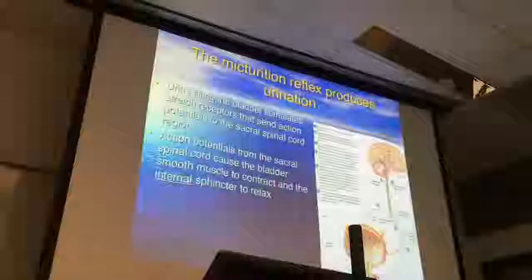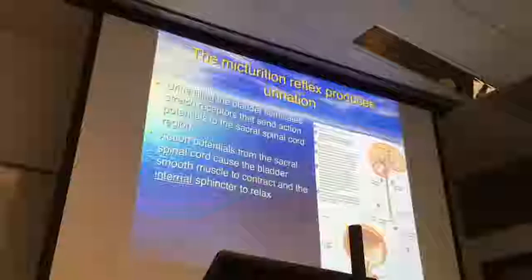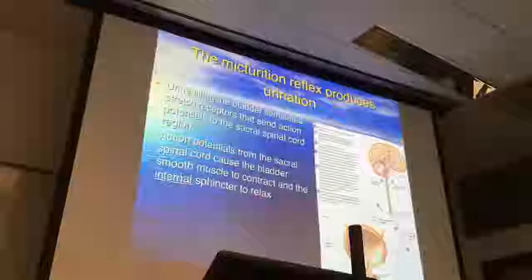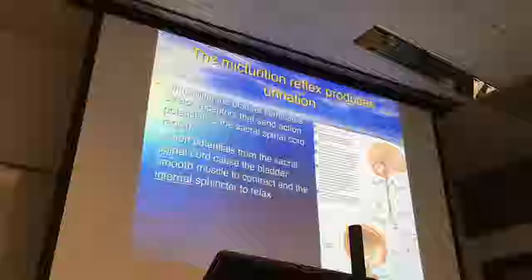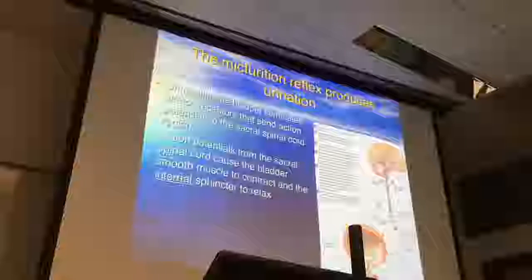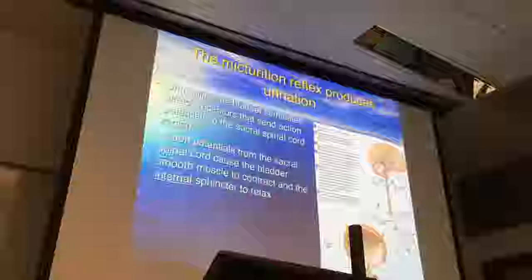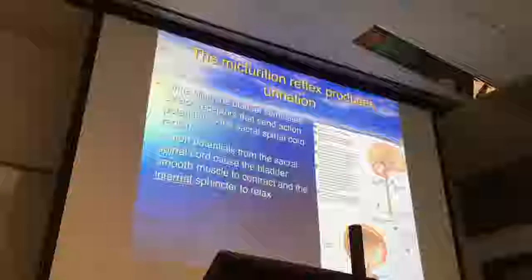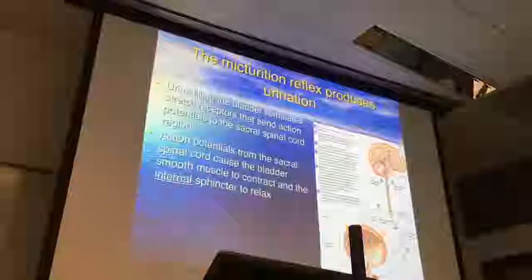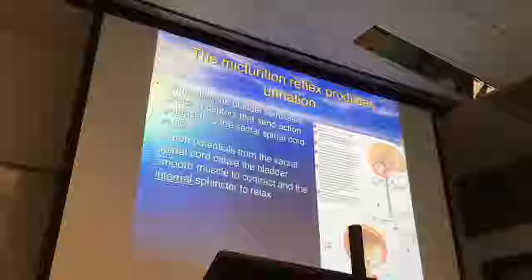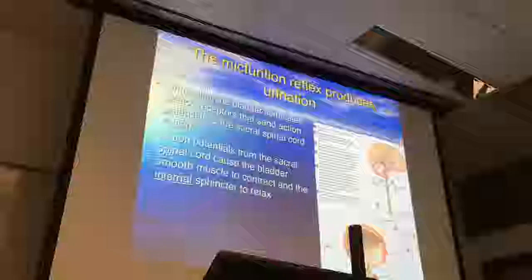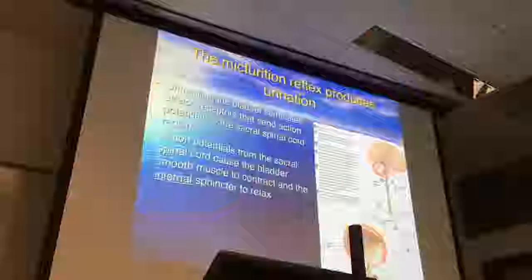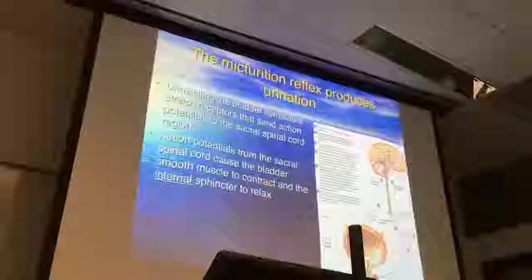Now let's talk about the micturition reflex. And there's a small little error, and it's something you can ignore in the book, really. When you fill the bladder, there are stretch receptors in the smooth muscle of the bladder that report how much urine is in the bladder. Once it reaches a certain level of stretch, it's going to send an impulse. This is the stretch receptor.